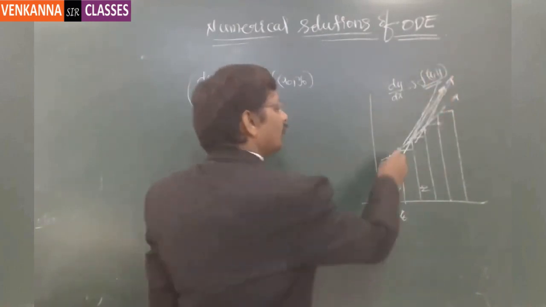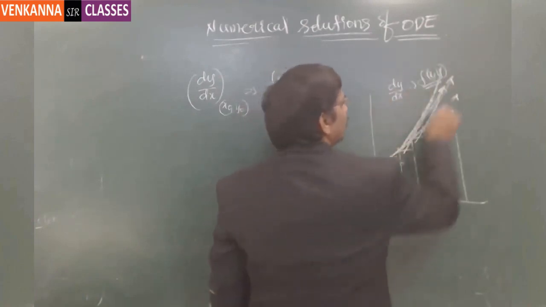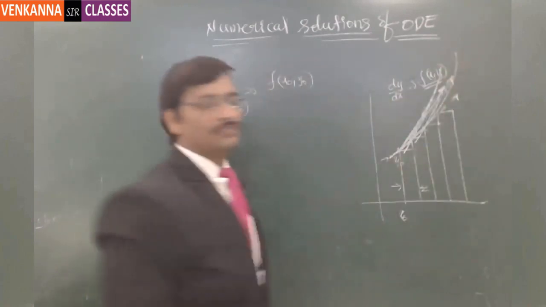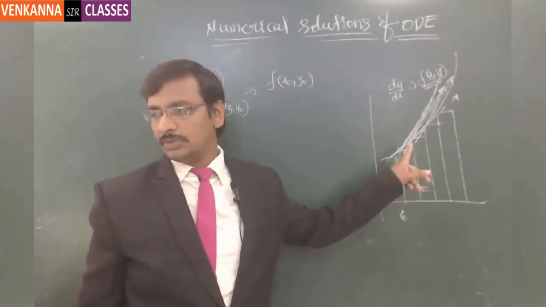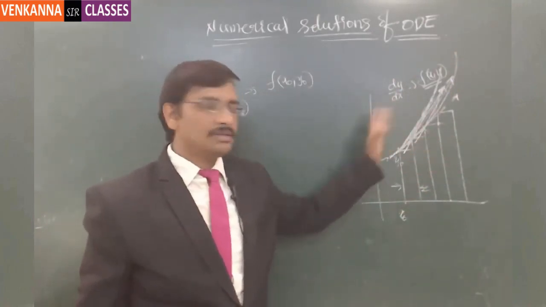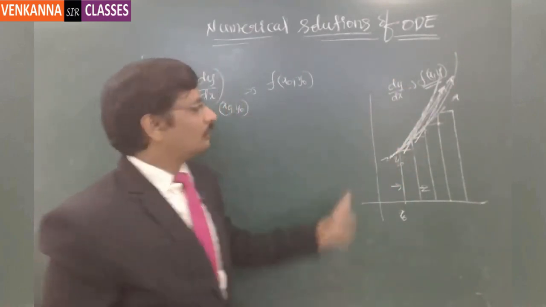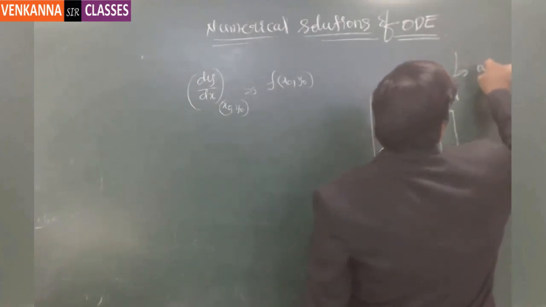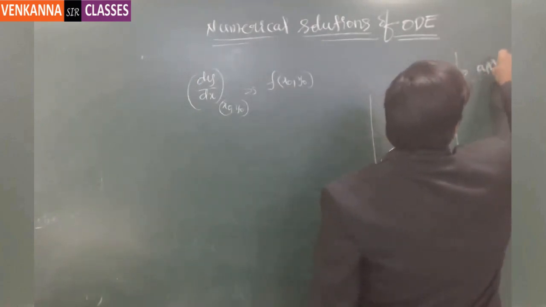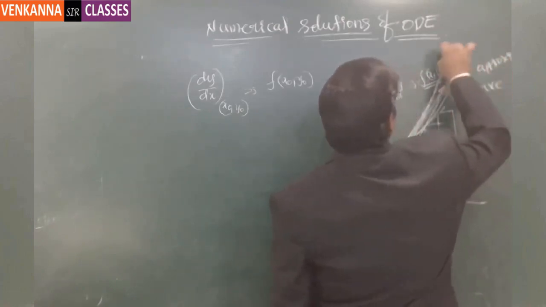Finally you might be tracing this curve, but the ideal curve may be of this particular format. Got it? Or vice versa also, depending upon the type of curve. So the curve may be on that side or this side. Finally, this is the approximated curve, and this may be the actual curve.